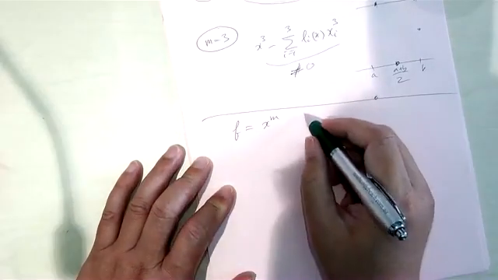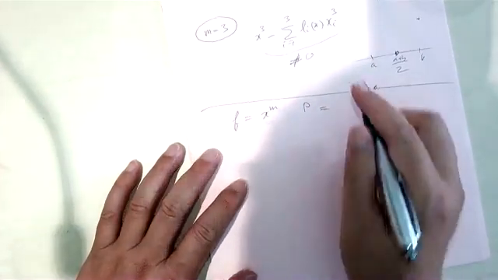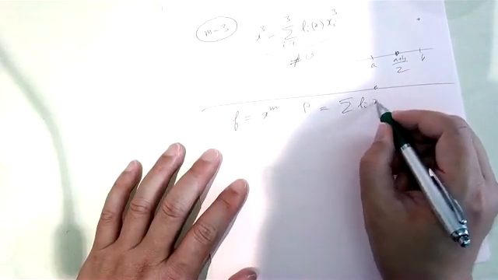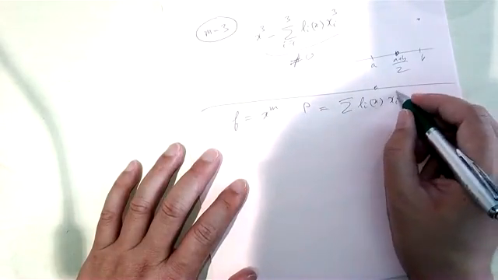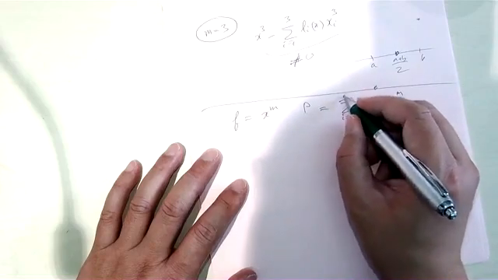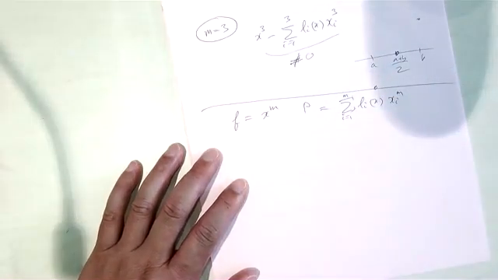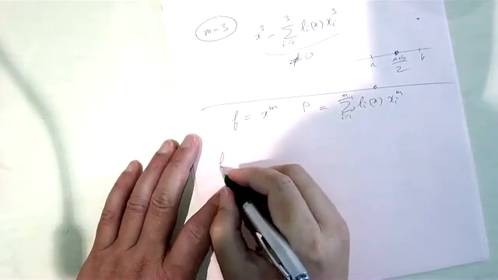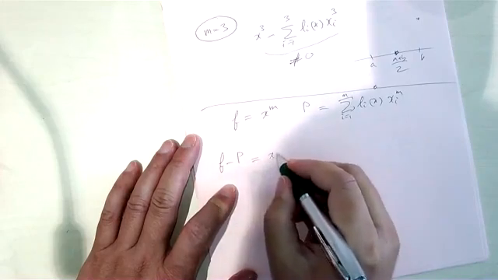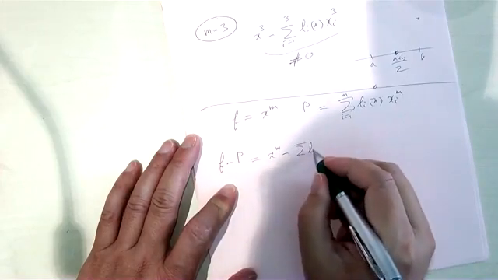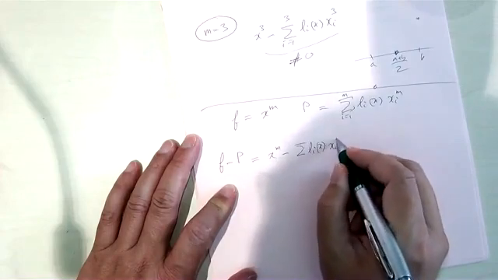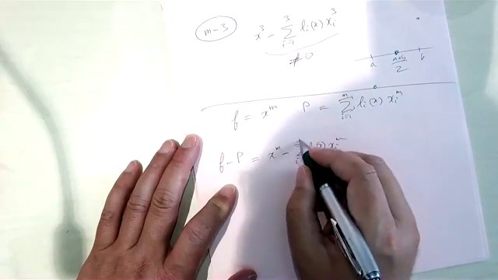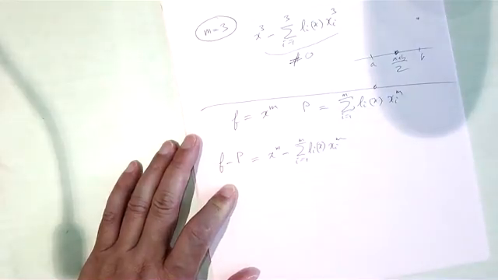And what is p? So p will be the sum of l_i(x) x_i to the m, i from 1 to m. And now the difference, f minus p, which is just x^m minus the sum of l_i(x) x_i^m, i from 1 to m, can be written as this expression.